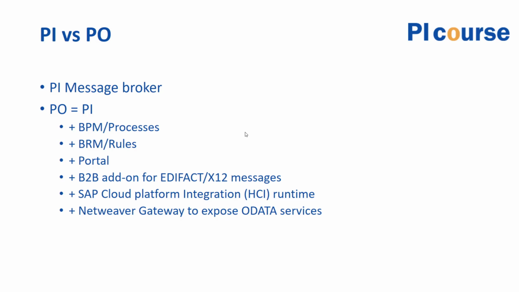Then the other thing is you have the ability to expose data using OData. So SAP NetWeaver Gateway, you would create them in the ABAP runtime, and then you just expose it. And from a PI perspective, or from the Java stack, you would then be able to expose these services, so users would be able to access them.